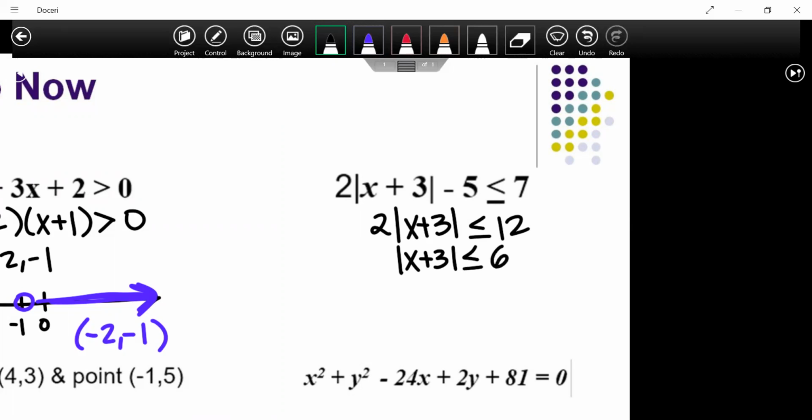This is where we want to change because we have the inequality. So it's going to give me -6 is less than x plus 3, which is less than or equal to 6. We want to subtract 3 from both sides. Our final solution will be -9 less than x, which is less than 3.